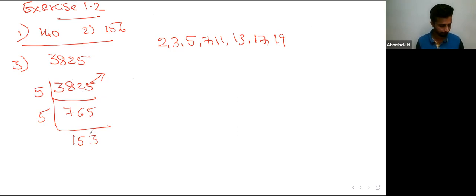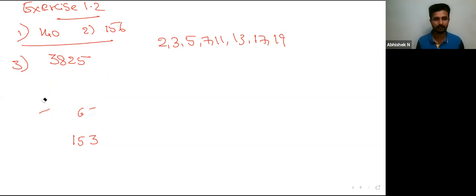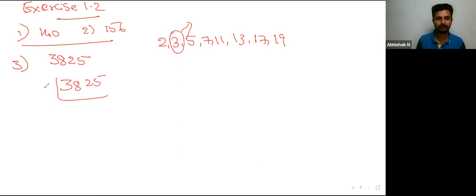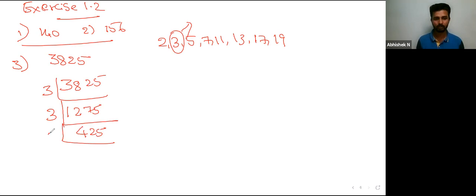Then again, here as there is 5, we can divide by 5. Sorry, some mistake. It's better we divide this by 3 only. Yes, it can be divided by 3. So 3 into 1275, and again divide this by 3. This gives us 425, and now you can divide this by 5. That gives you 85, and again you can divide this by 5, you'll get 17.